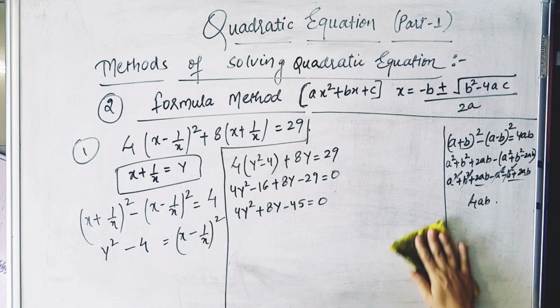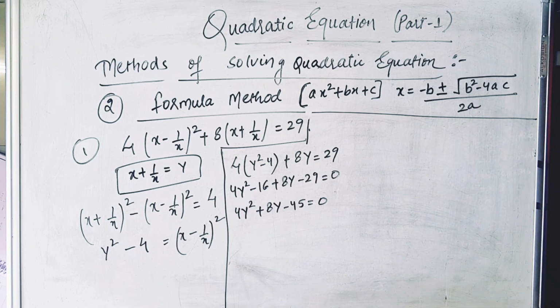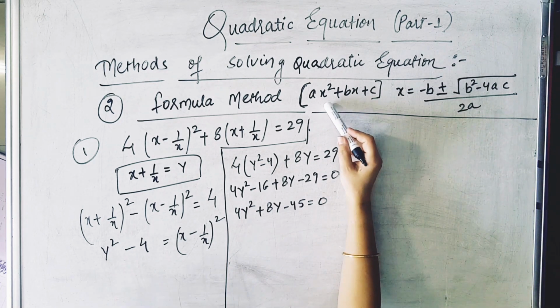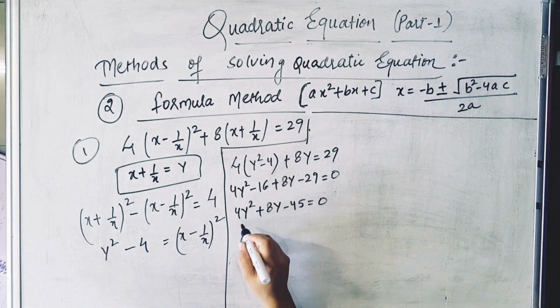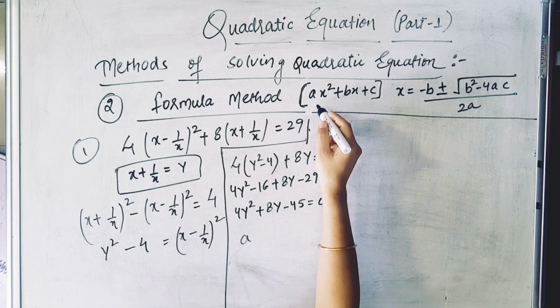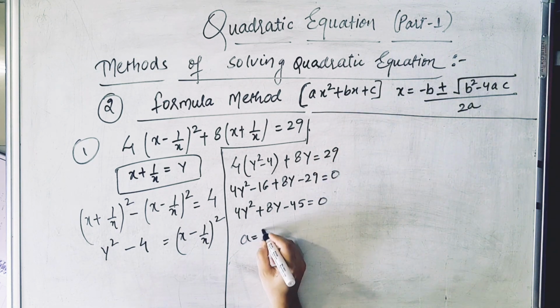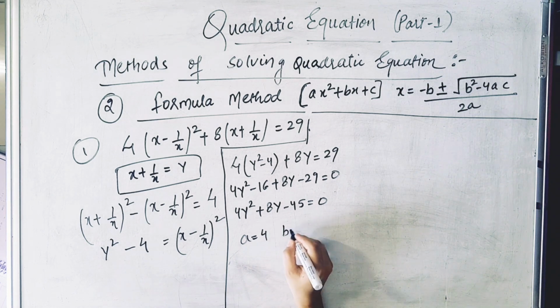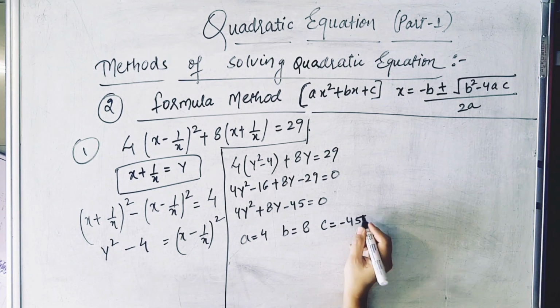Now what we'll do? We'll compare this quadratic equation with the given quadratic equation form, that is ax square plus bx plus c. So the value of a is what? 4. Value of b is 8 and c will be what? Minus 45.